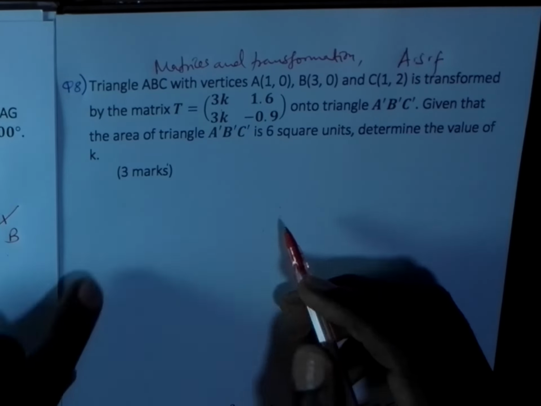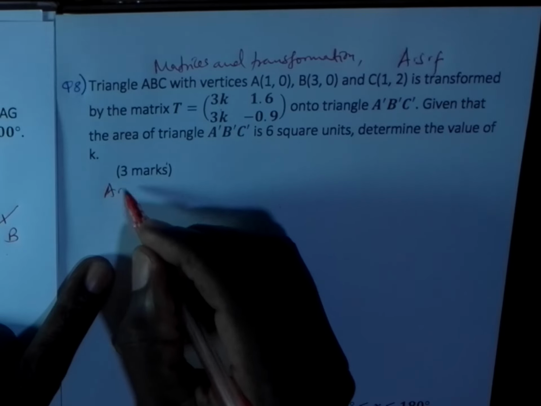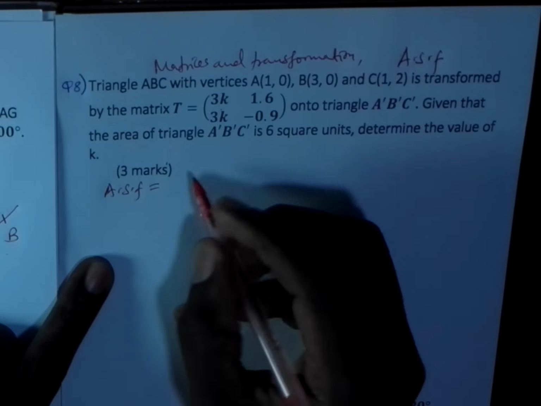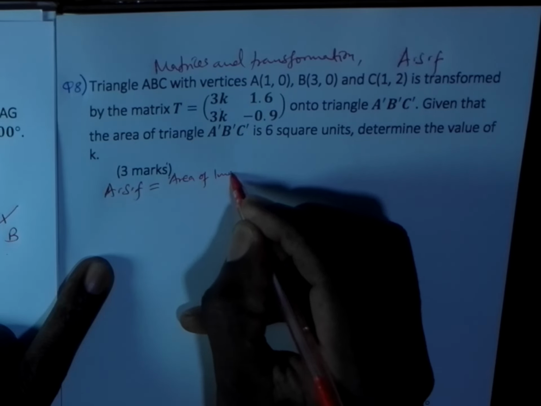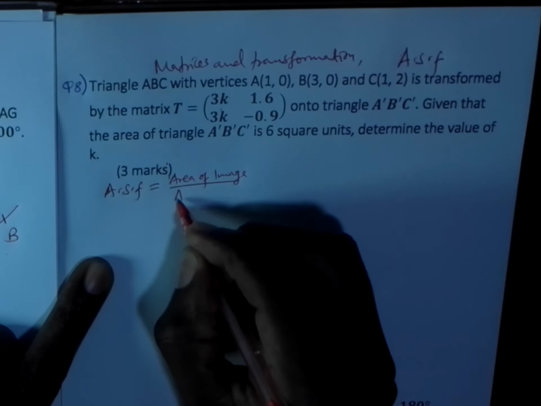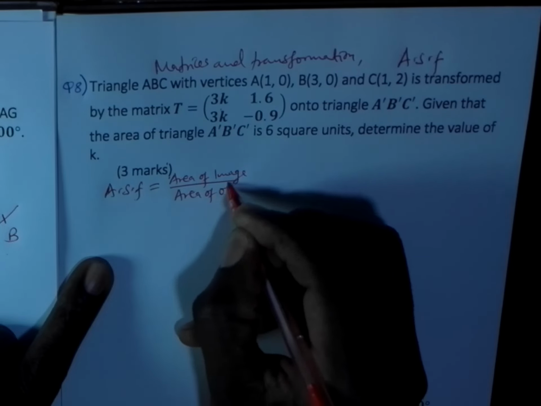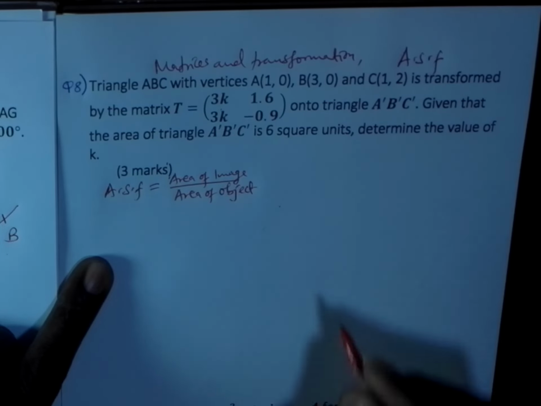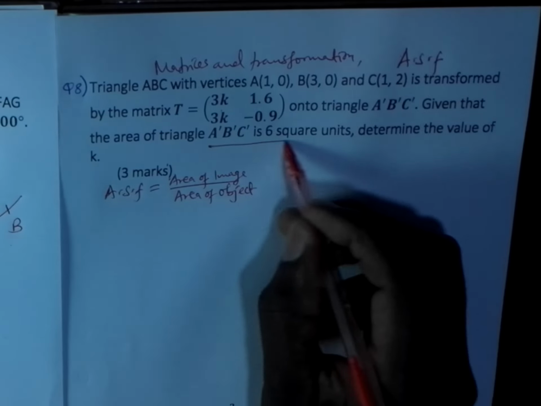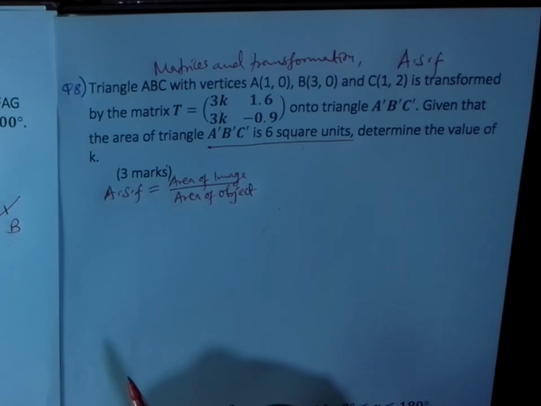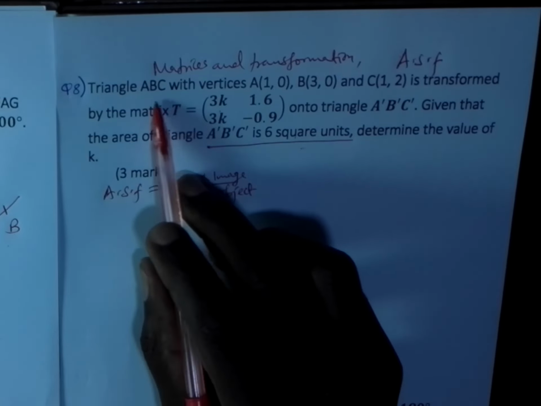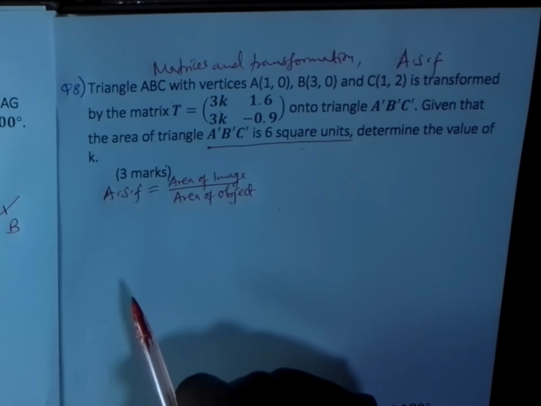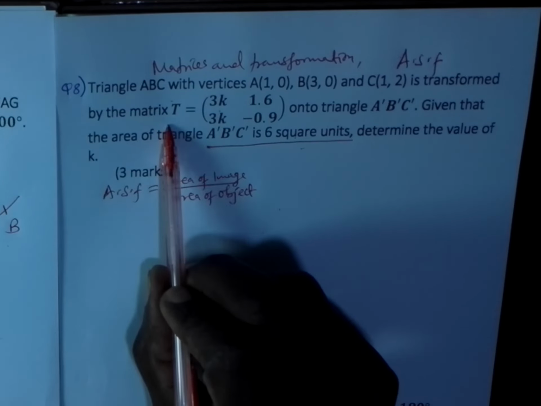Therefore, area scale factor is given by the area of the image divided by the area of the object. For our case, we have been given the area of the image, which is 6 square units. We have been given the points of the object, and also the transformation matrix.